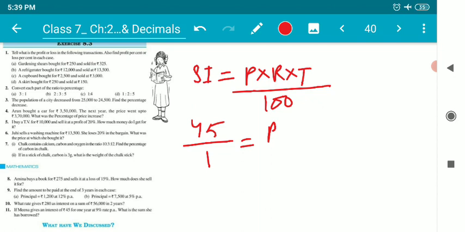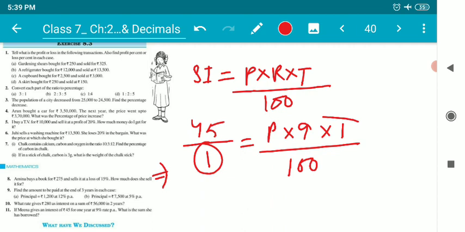Principal I don't know, let it be like this. Rate of interest is given, that is 9%. Time is 1 year, that's brilliant. And the down part is 100. Now children, we'll go for cross multiplication. 1 with all three things in the numerator will give the same. It will be P into 9 into 1, and here 45 into 100 will be 4500.